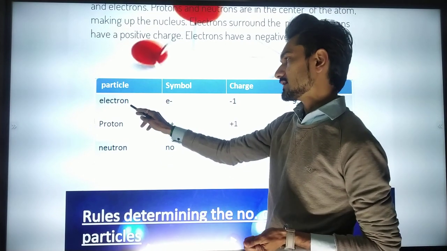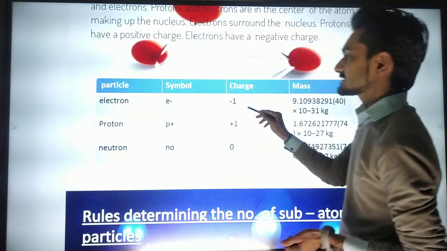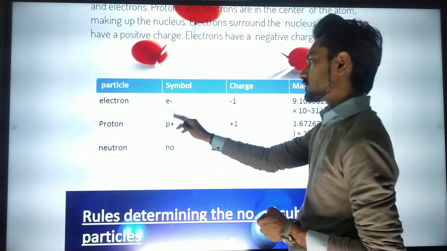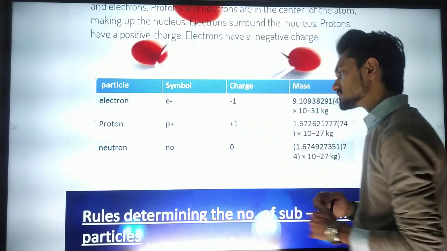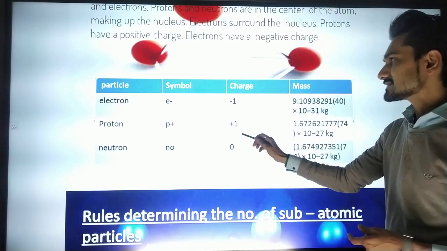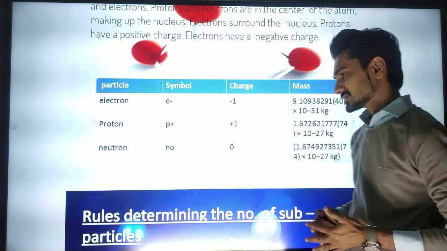The electron has the symbol e minus, the charge is minus, and the mass is this. The proton is represented with p plus, the charge is plus 1, and this is the mass. You have to memorize it. The neutron has no charge, so its value is 0, and the mass is this.